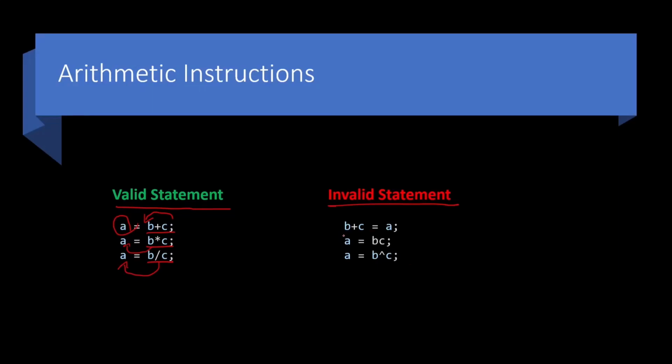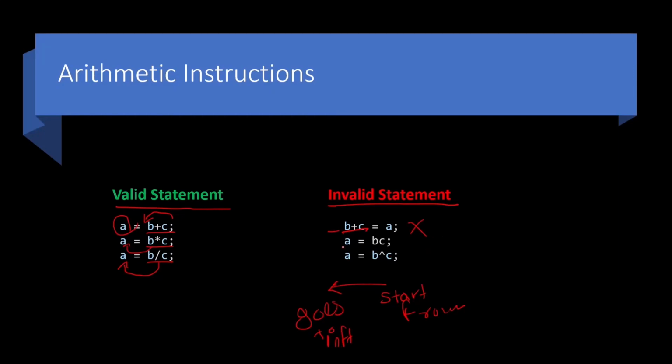But here we reverse. Here we write b plus c equals to a, which is incorrect. Why? Because our assignment starts from right and goes to the left. It means we cannot start from left and go to right. That's why it is incorrect.